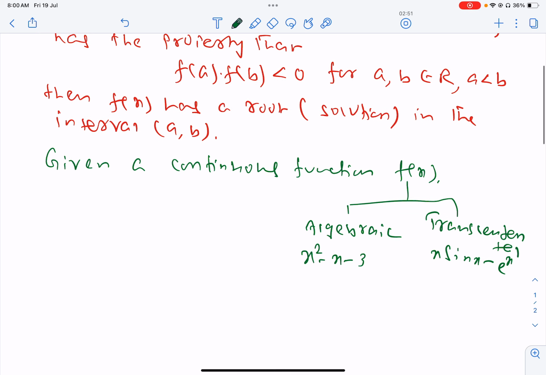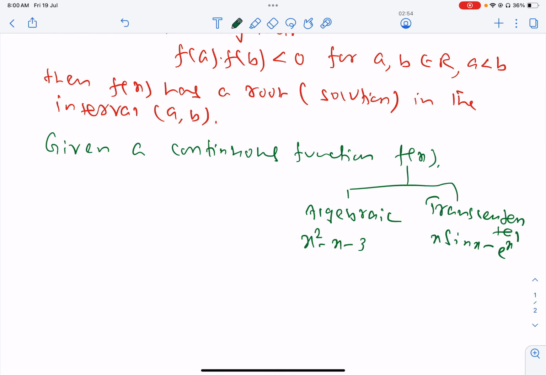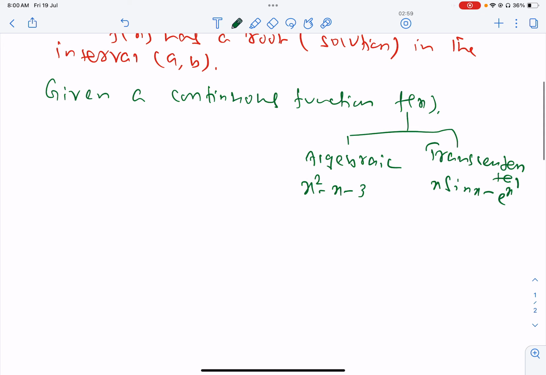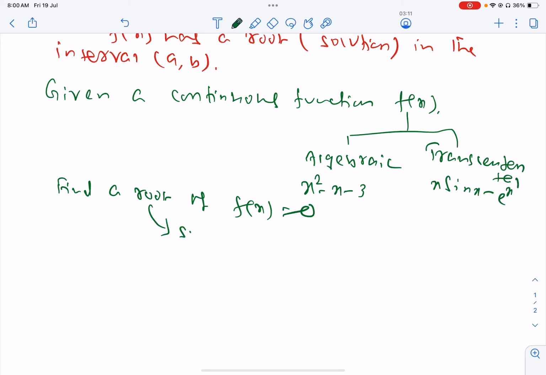So you are given a continuous function and need to find a root of f(x) equal to 0, or you can say a solution. That means we need to find out the value of x for which f(x) is 0.